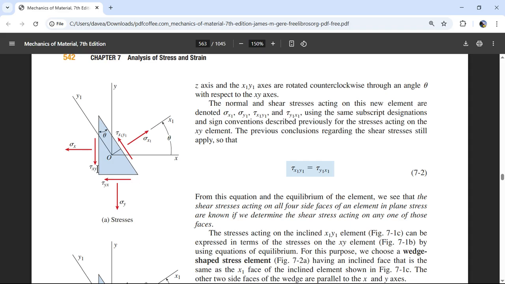So this would represent A naught, that initial area. But because this angle might be a sliver of an angle, this dimension is not A naught anymore. And so it's A naught tangent of the angle. And we'll go over that in a second. But this angle is smaller.